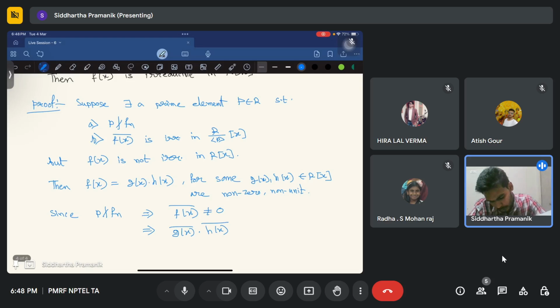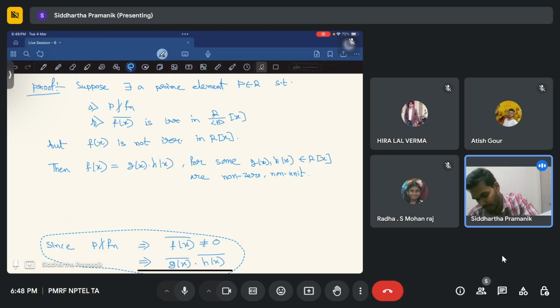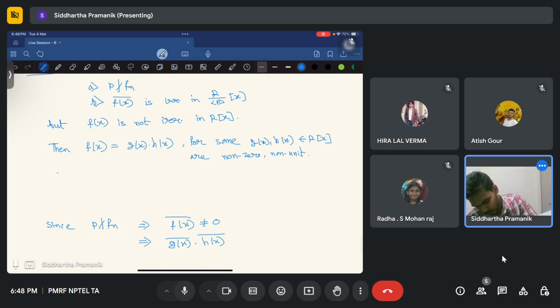Before that, let us write gx and hx more explicitly to understand it better. So let gx equal summation gi x power i, i equals 0 to r, and hx is summation, let's say hi x power i, i equals 0 to s.